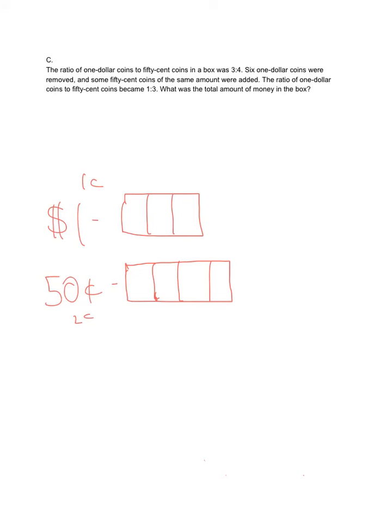So now let's see. It says 6 $1 coins were removed. Some 50-cent coins of the same amount were added. The ratio of $1 coins to 50-cent coins then became 1 to 3. So now, I'm not quite sure how many of my units up here I need to get rid of.